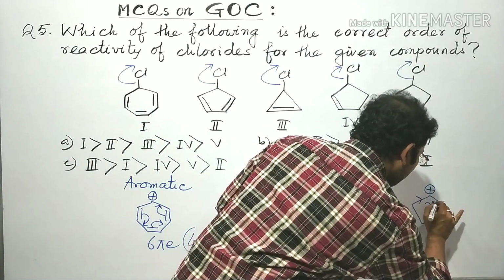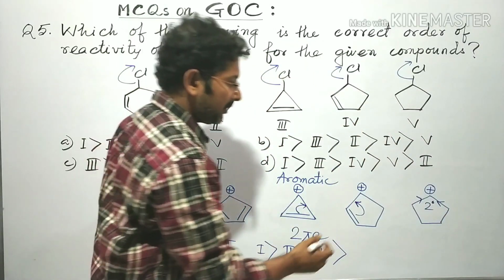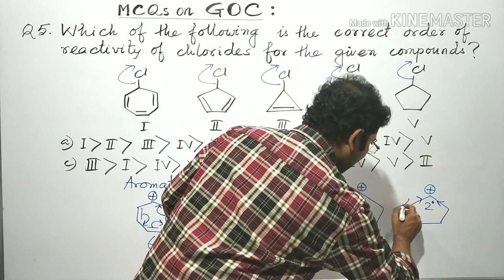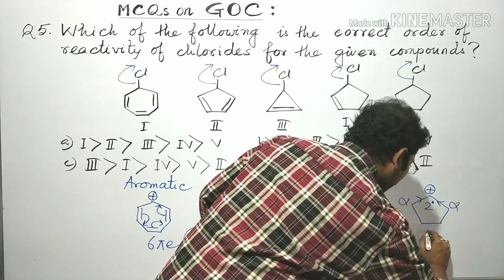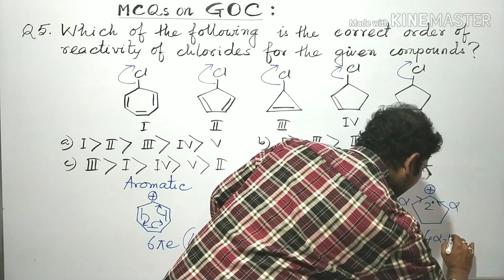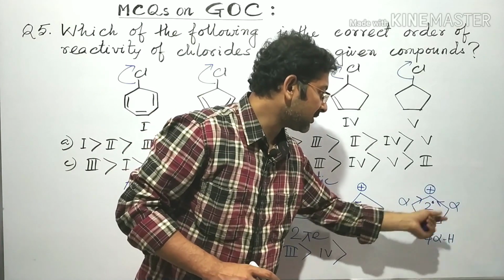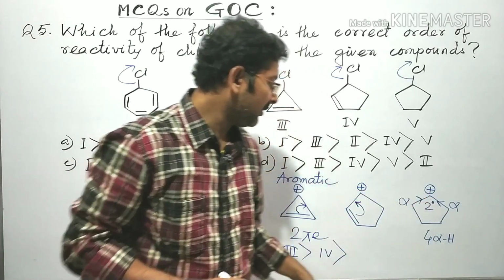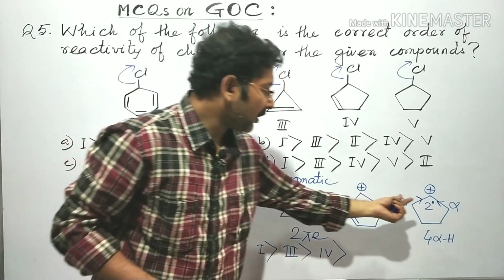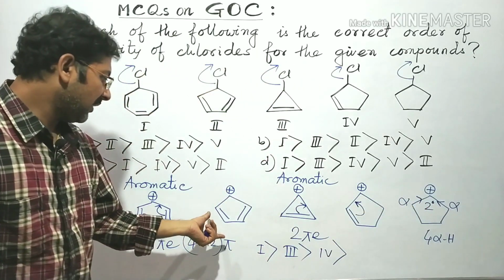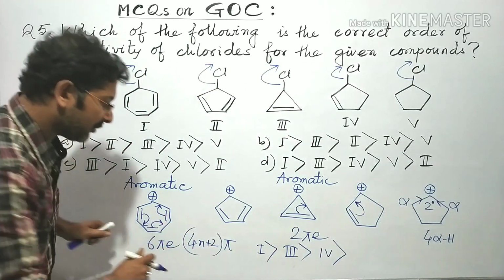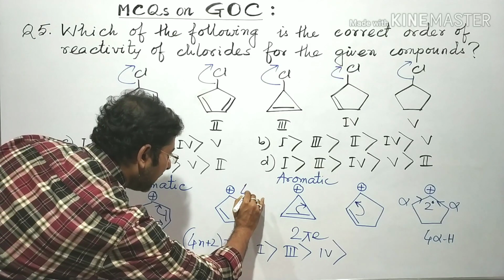It has only some plus I effect or maybe hyperconjugation. There is an alpha carbon, so there are 4 alpha hydrogens. 4 hyperconjugated structures will stabilize this carbocation. So it is somewhat more stable than this system because it contains 4 pi electrons.